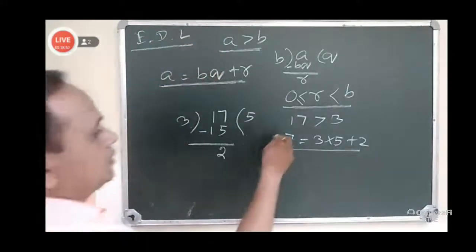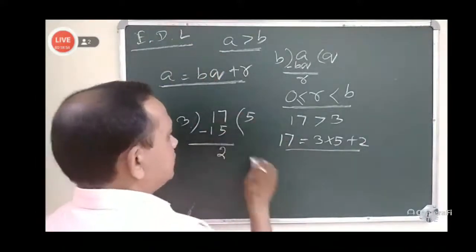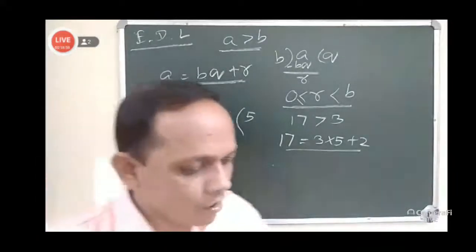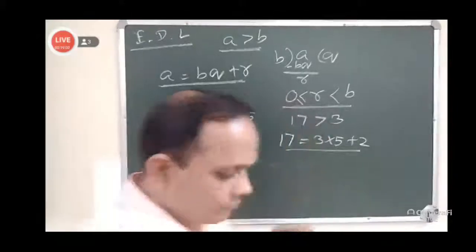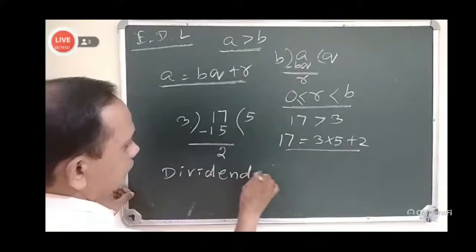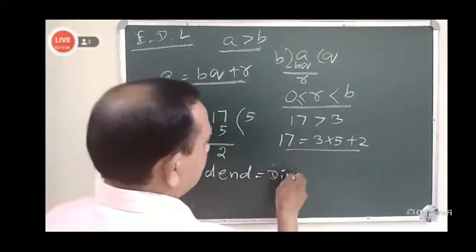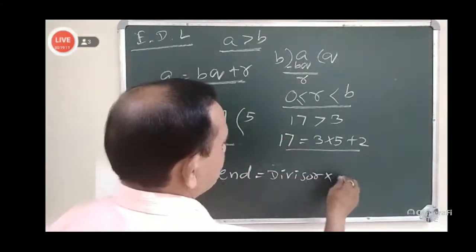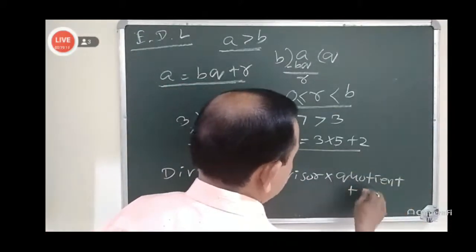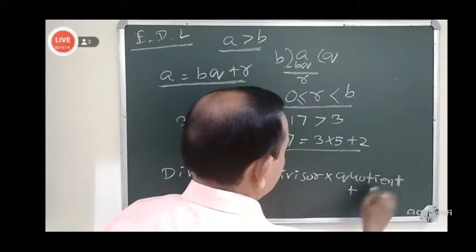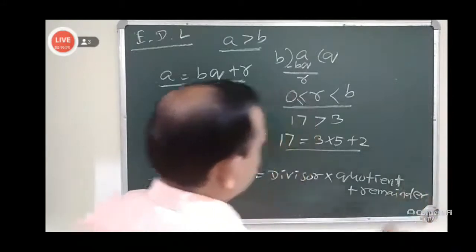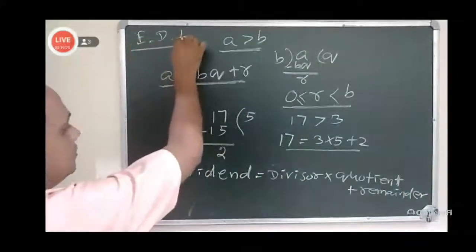So dividend equals divisor into quotient plus remainder. This is Euclid's division lemma.